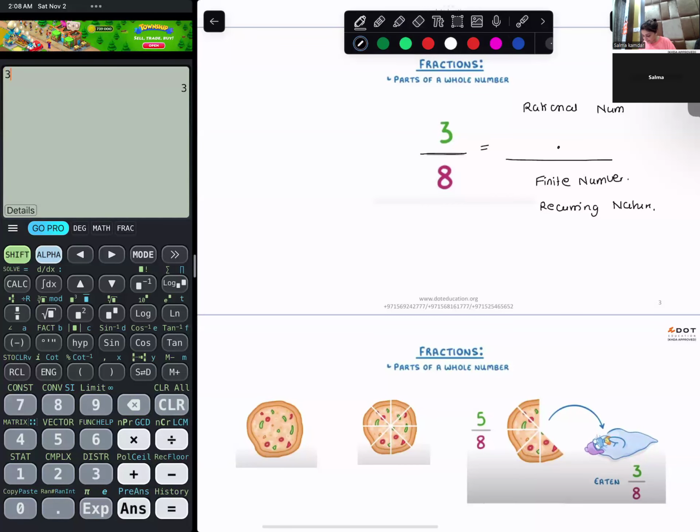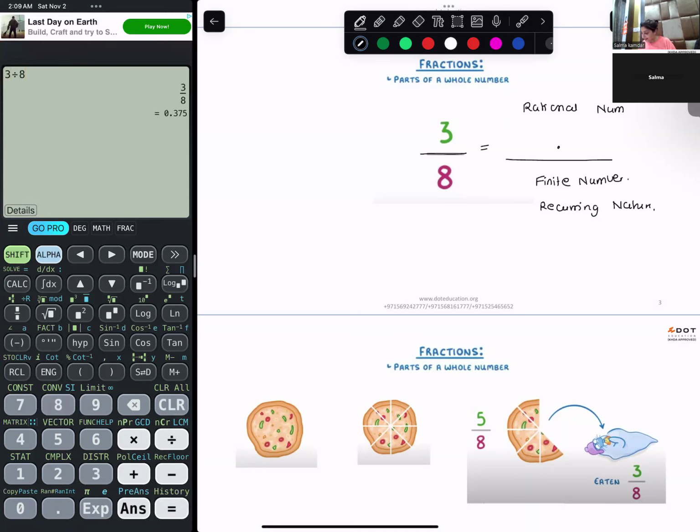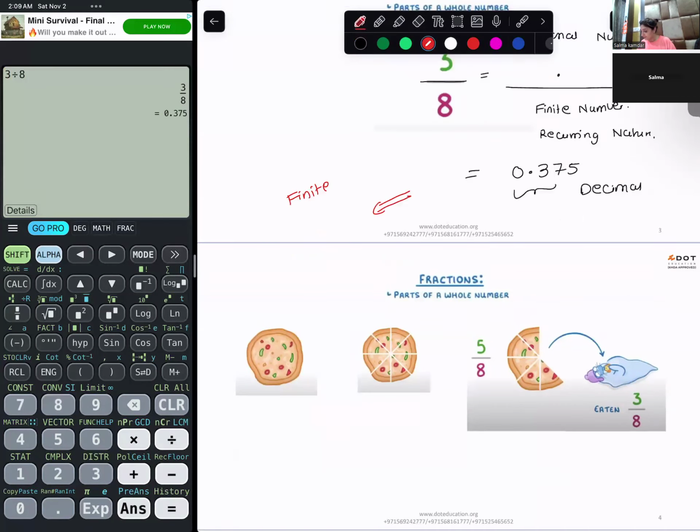If I have 3 and I divide it by 8, 3 divided by 8 is going to give me 0.375, which is a decimal. This is a decimal that is finite in number and it is not recurring. That means it stops somewhere. So it would become a rational number.